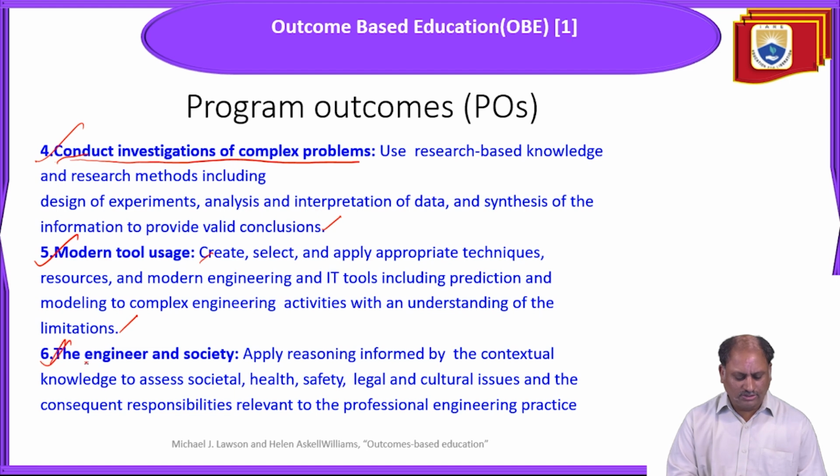And the sixth one is engineer and society. Apply reasoning informed by contextual knowledge to assess societal, health, safety, legal, and cultural issues and the consequent responsibilities relevant to professional engineering practice. That means this knowledge is required so that engineering and society can be applied together and the person gets the current responsibilities.